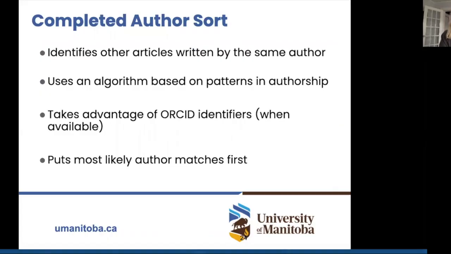ORCID identifiers are not as well used as we would perhaps like. They're on the small side, but they're rapidly increasing. Authors can create their own ORCID ID and submit it to a journal with their name. Publishers then send the ORCID along with the rest of the information to PubMed to include. And if you are an author, or you work with authors, or you expect to become an author in the future, you can always support ORCID and encourage people to use ORCID when they are submitting publications.